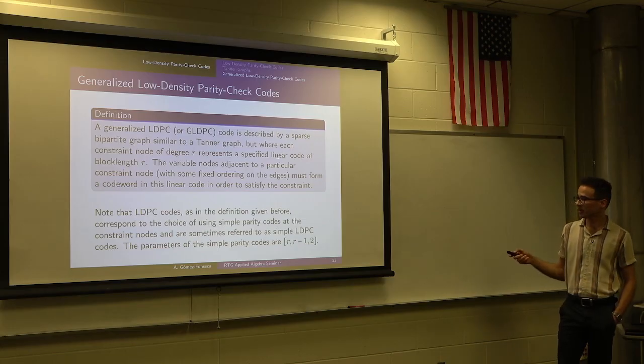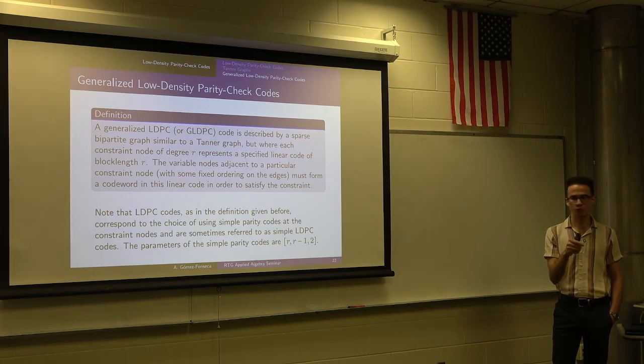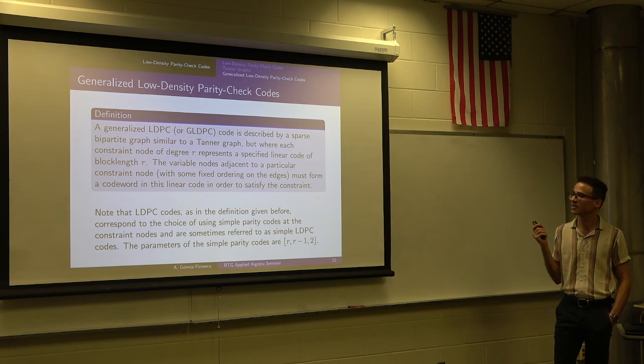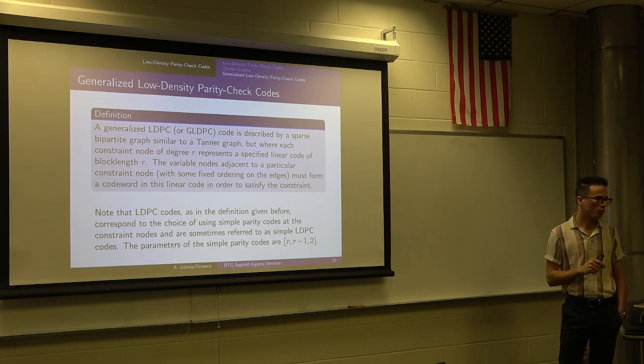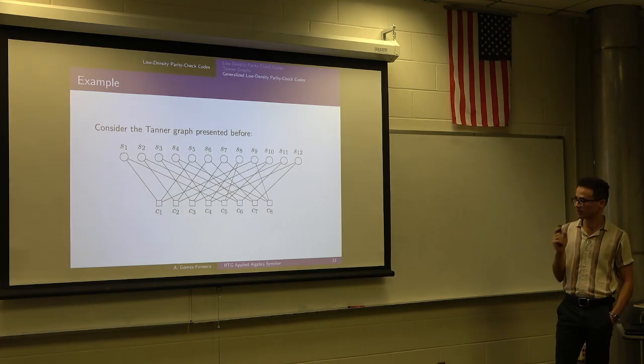You are going to pick a linear code that has block length R, and now those specific coordinates have to be a codeword of the linear code that you chose. I'm going to mention an example so that it makes more sense.